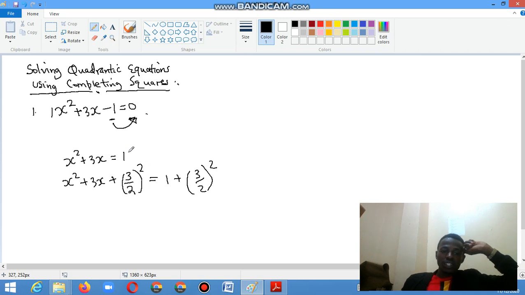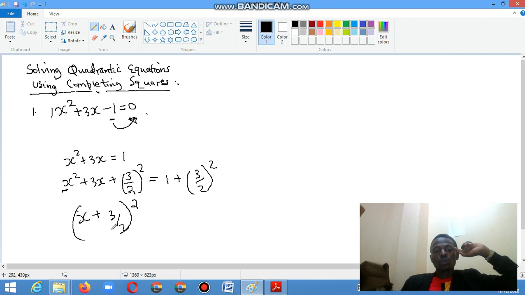Now I can say that x plus 3 over 2, all squared, is the same, because when you expand this you come up with the expression here. So I haven't changed anything. This will be equal to 1 plus 3 squared, which is 9 over 4.